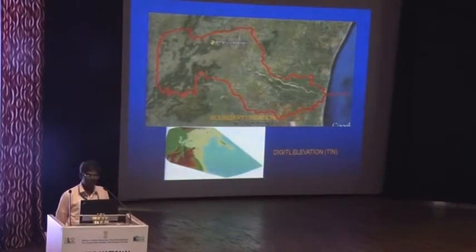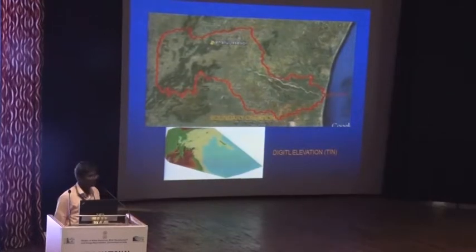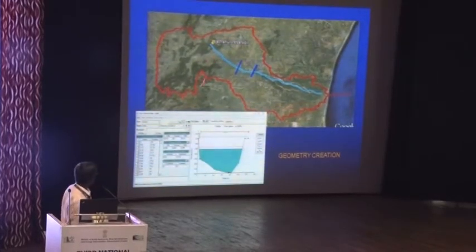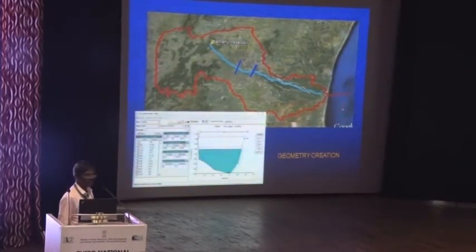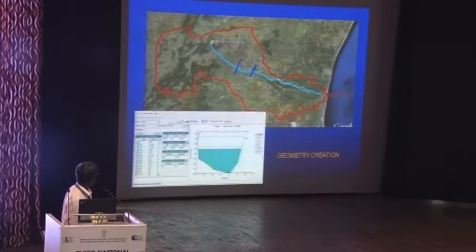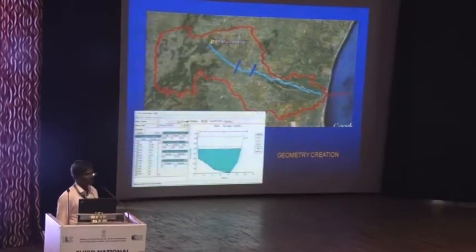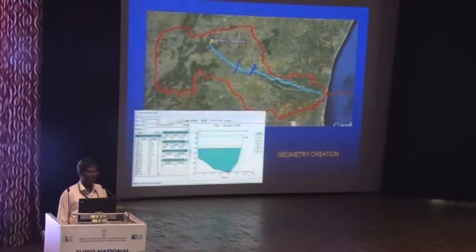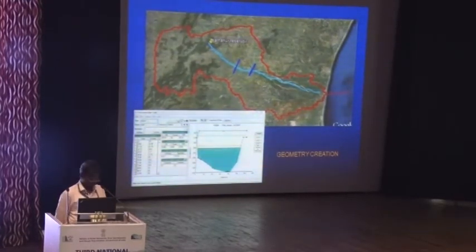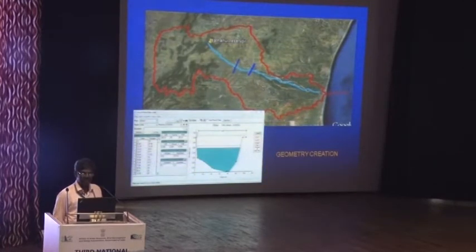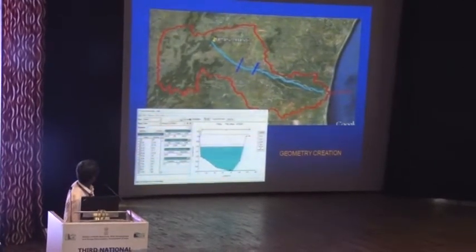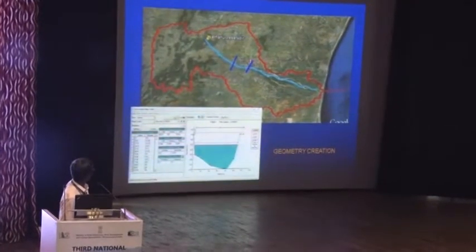From that we can create a digital elevation model, and from that the cross section information is taken directly. If you want to change the values, like Manning's coefficient and the contraction and expansion coefficients, they can be given, along with boundary conditions as I mentioned here. The only examples I marked here are streamlines and some of the cut lines.